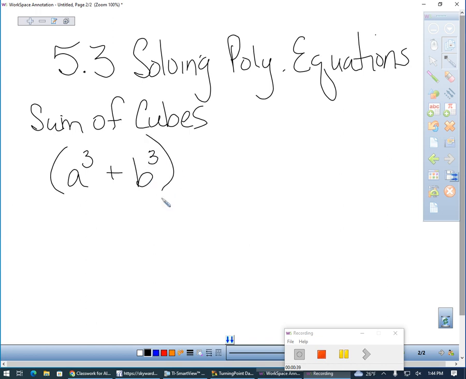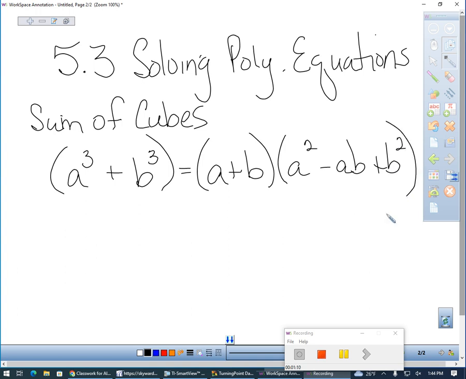When I am solving this, I am going to factor it into a binomial times a trinomial. That binomial is going to be a plus b, and the trinomial is going to be a squared minus ab plus b squared.